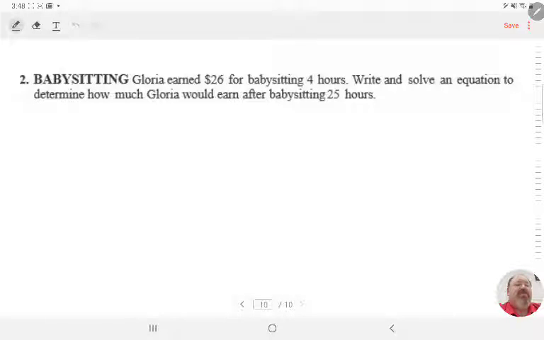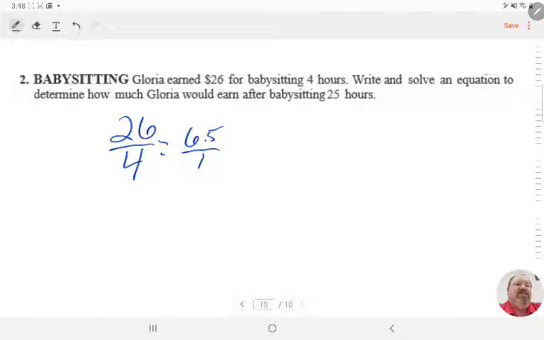Gloria earned $26 for babysitting 4 hours. Write and solve an equation to determine how much Gloria would earn after babysitting 25 hours. So if we know it's $26 for 4 hours, we could simplify that down, and we would have 6.5 to 1.